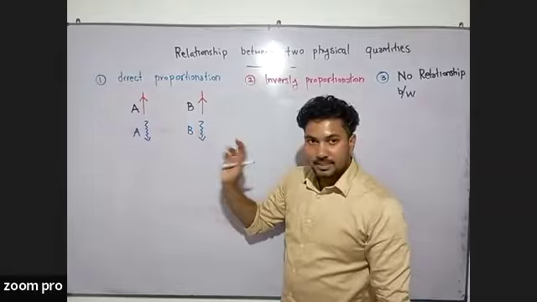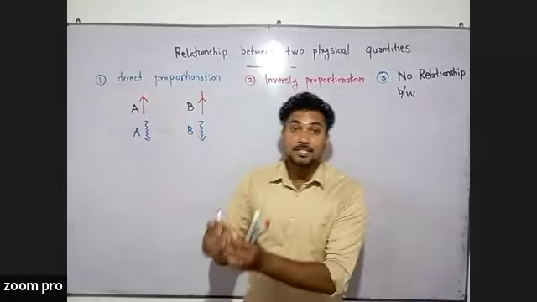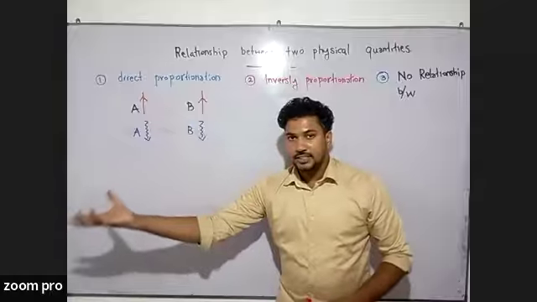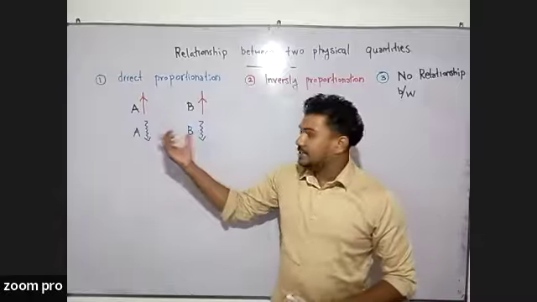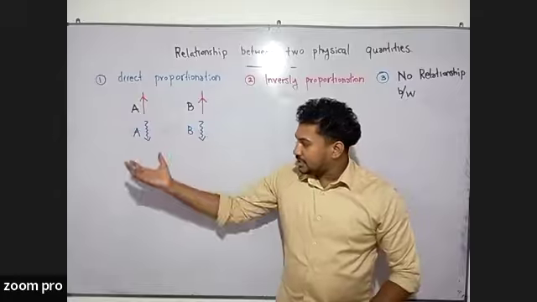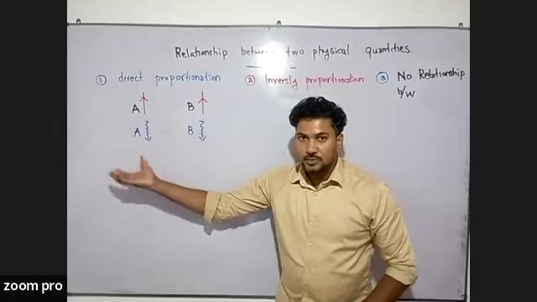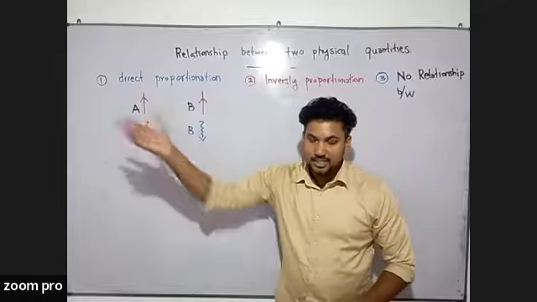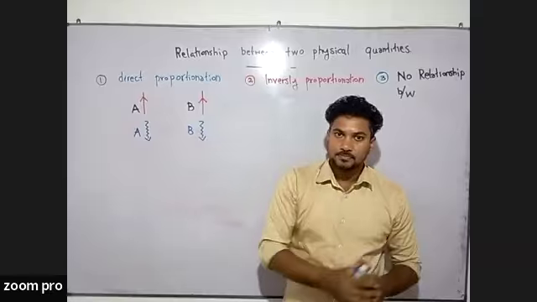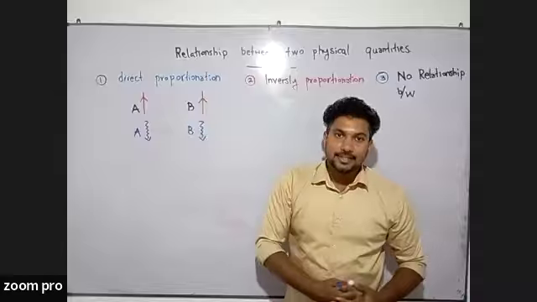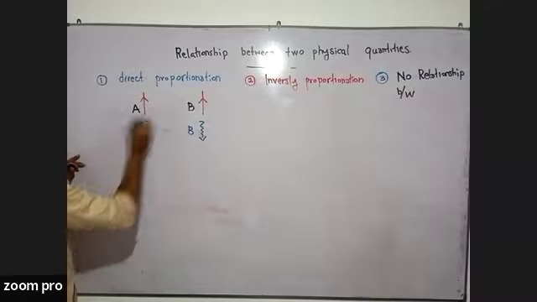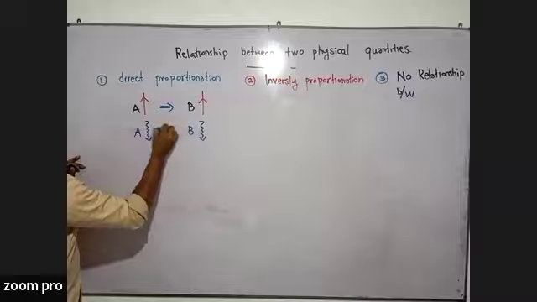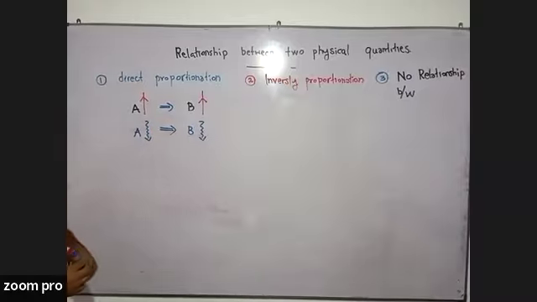As mentioned in the example, when the number of persons participating in your party is increased, the number of gifts that you get is increased. So likewise, this is called direct proportionation, right?